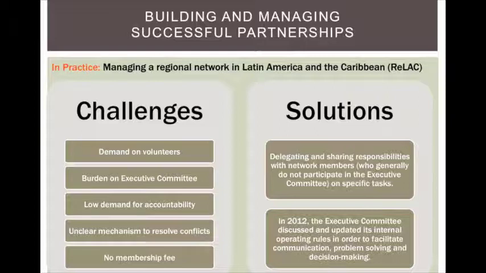And then in 2012, the executive committee discussed and updated its internal operating rules in order to facilitate communications, problem solving, and decision making. So these two strategies were a breakthrough for RELAC and important lessons for what needs to be built into the RELAC regional network.